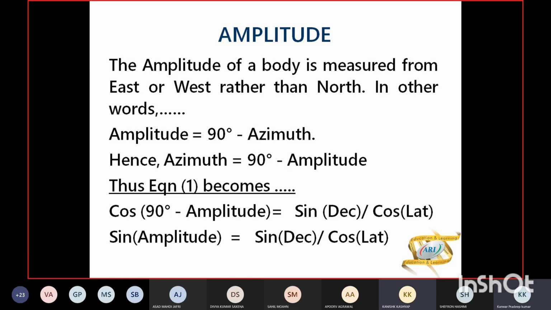The amplitude of a body is measured from east to west. सर वो पीछे वाली स्लाइड एक मिनट के लिए जरा दिखा दीजिए. Diagram वाली. हाँ सर.